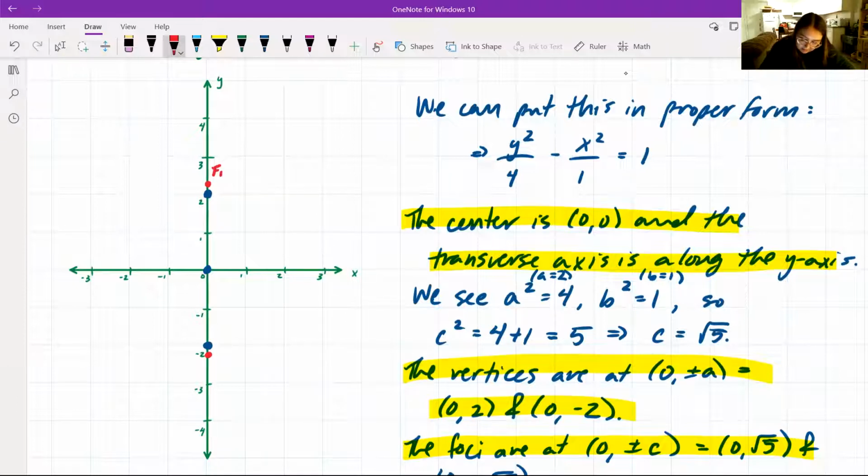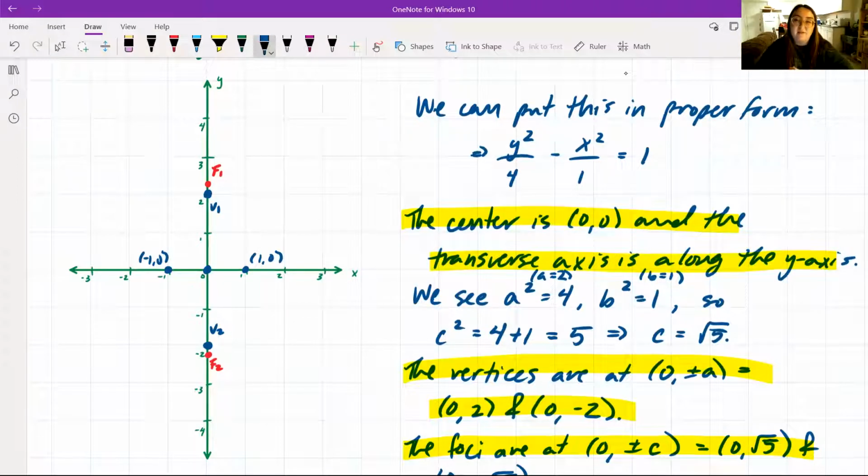This will be F1, F2. This here will be V1, V2. And then we also know our x-intercepts. So we have negative 1, 0 and 1, 0.